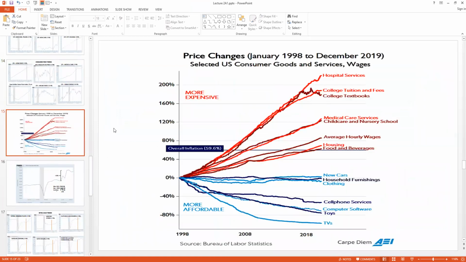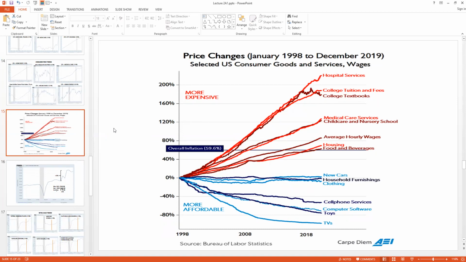Here's an interesting summary chart that just shows some long-term trends in consumer goods and services prices. And for those of you who are watching this video because you're taking my course in strategy, you will notice that the cost of college tuition and fees and textbooks have come up pretty dramatically.